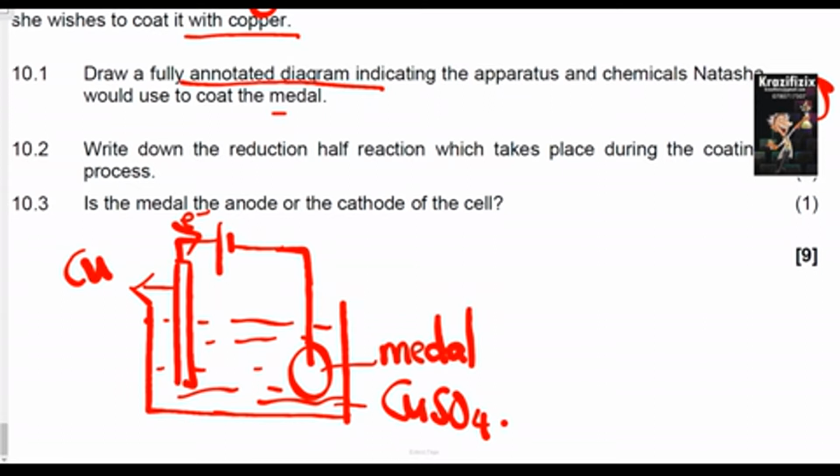Annotated means explain with diagrams. I'm going to have Cu2+ there, and Cu2+ also going in, and that's 6 marks. So it's basically using diagrams to explain what happens. You have your metal on the cathode, your copper electrode at the anode.